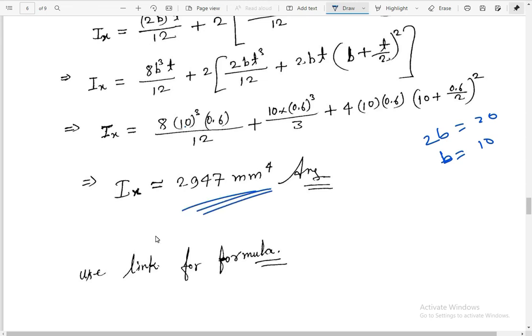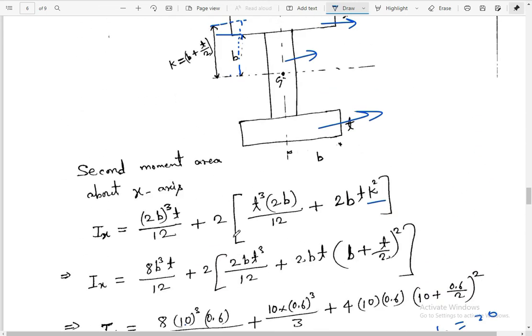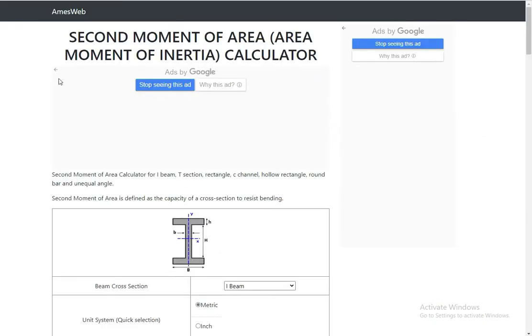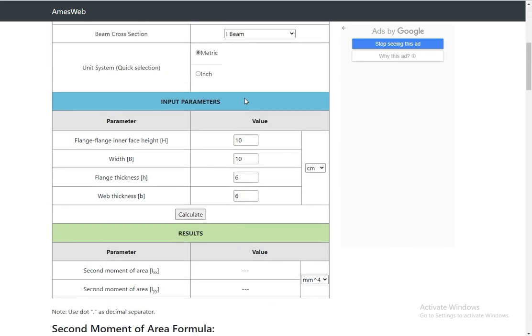I want to show you where I got this formula. This is the website AMESWEB. If you google second moment of inertia, second moment of area, AMESWEB, you will get this link. And then see for I section.